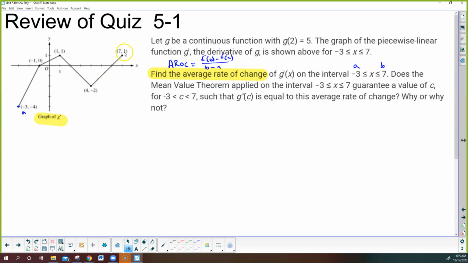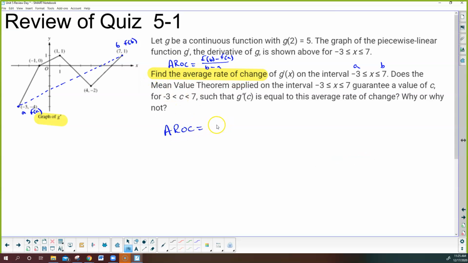So here's A and here's B. Well, then what is this? This is f of A. That's the output at A, and this is f of B. And what we're doing is I'm finding the slope between those points. So I should call it average rate of change.